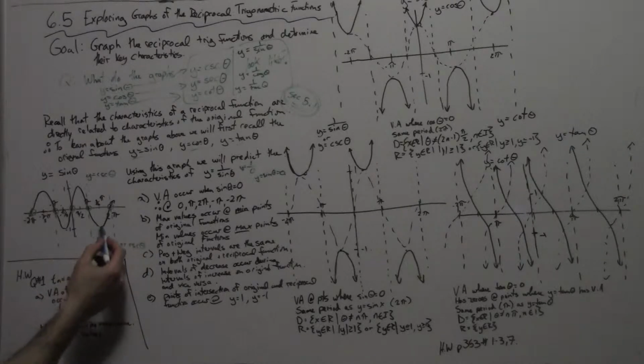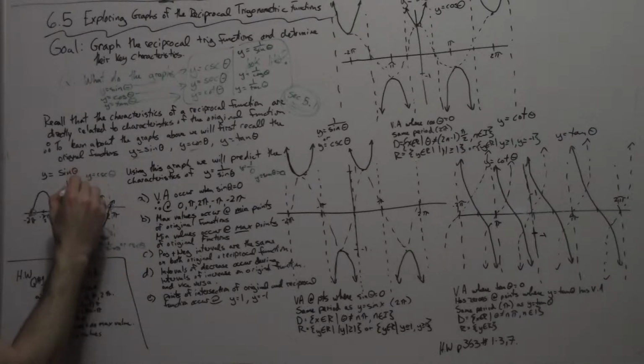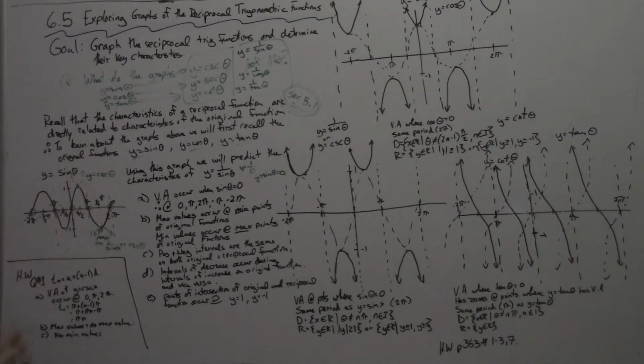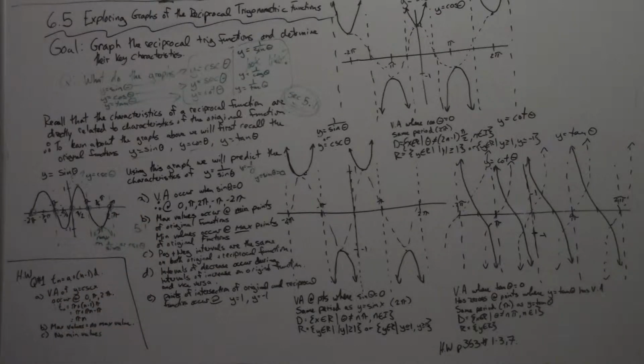So it's a minimum here, but on our new graph it's going to be a maximum. So we have to have some sort of parabola happening like this. This is a minimum, and we're going to see a maximum; here we're going to see a minimum on our new graph. And this again is just review from 5.1, reciprocal functions.